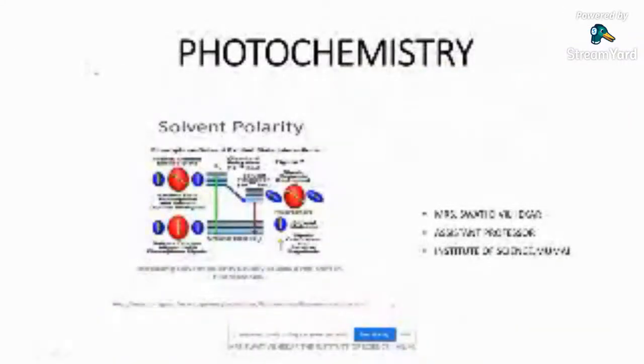Hello. So today we are going to the next topic of photochemistry, which is excited state dipole moments. Before discussing that topic, let's study some basic concepts through some videos.